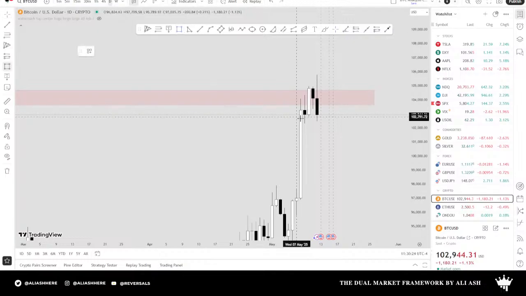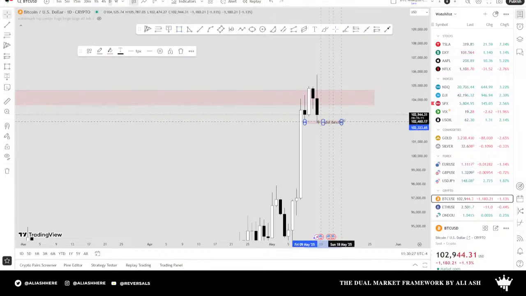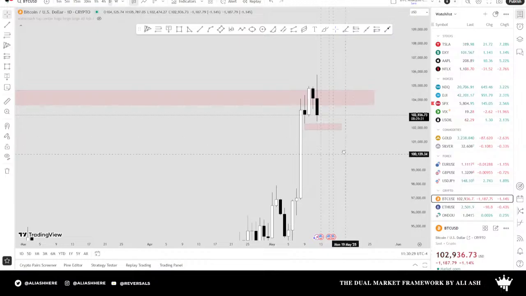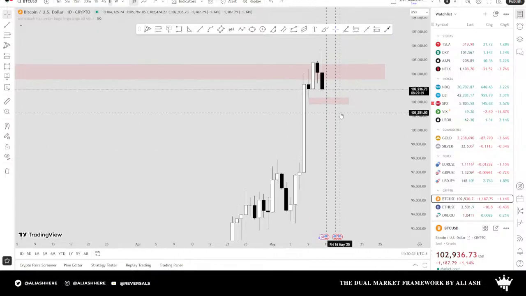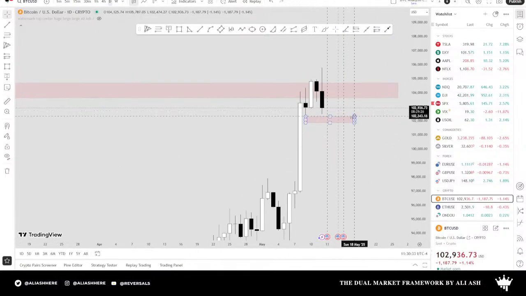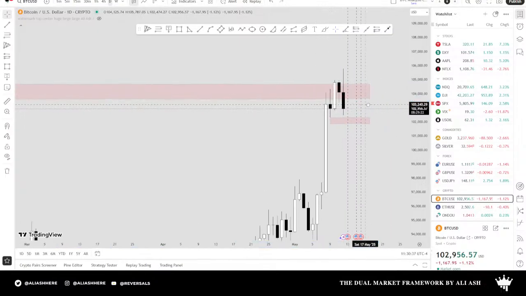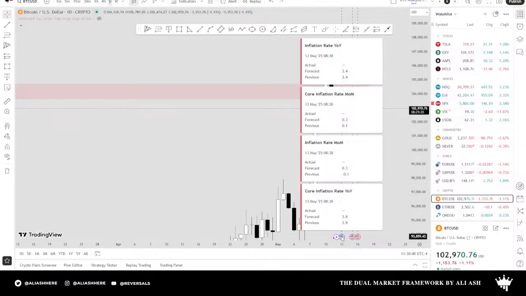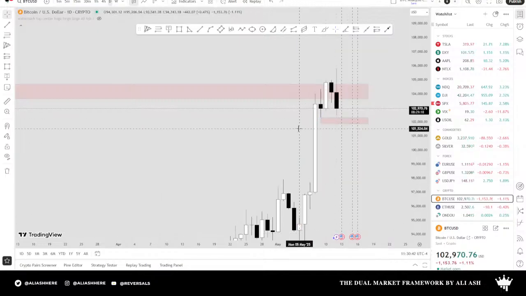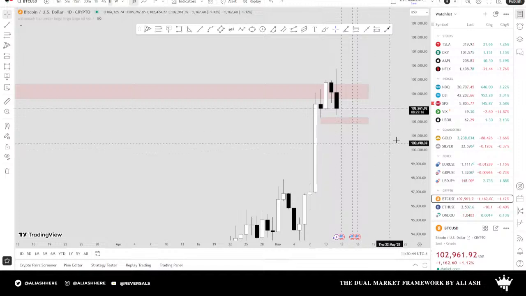And if it creates a breakout structure right here, then we can go for 97k even. Hopefully we don't. Let's see how this works out, and it all depends on the inflation rate data tomorrow. And I will be live streaming tomorrow as well at the time of the data release.